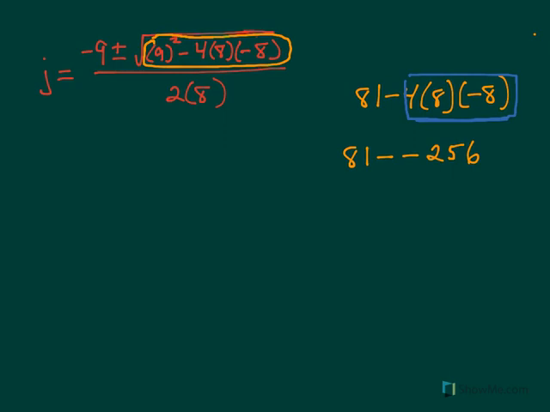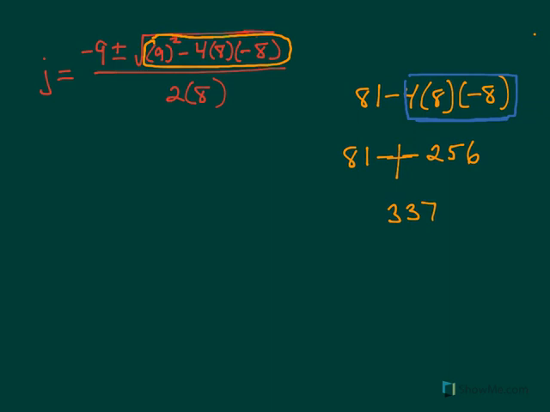So notice we end up with two negatives in a row because it was 81 minus, and then those three numbers worked out to be negative 256. So two negatives in a row, that's going to make that plus. So 81 plus 256 should get you 337. So all that value under that square root is going to be 337.